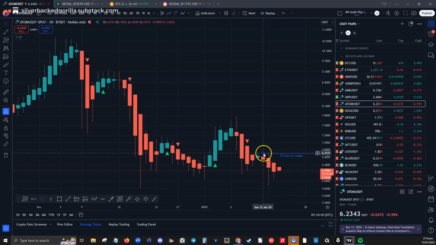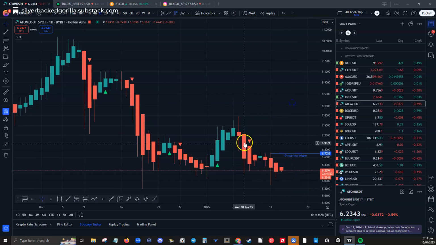At the moment, if you are holding a current short, the stop loss should be $6.70 in the blue there. Again, being so late in the piece, I wouldn't be tempted to jump in it with a short unless you already have. But it's up to you.